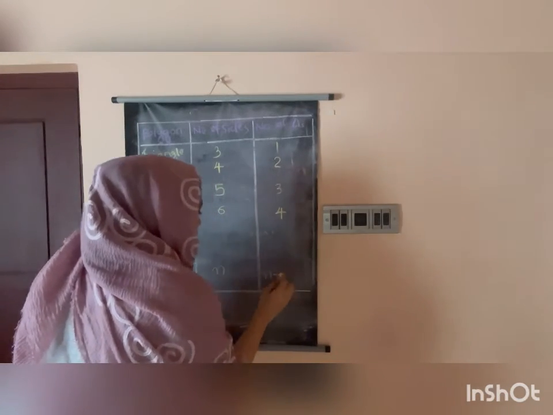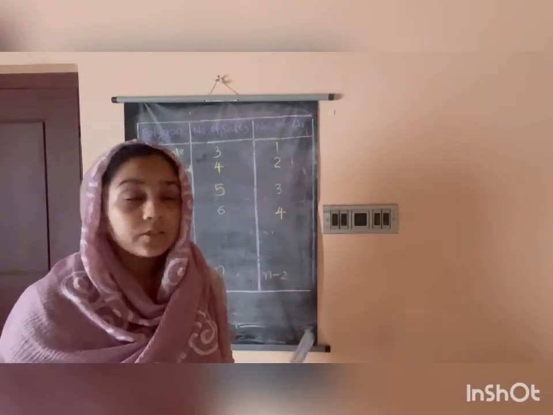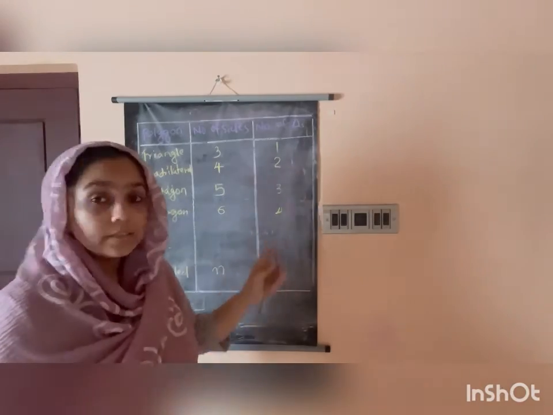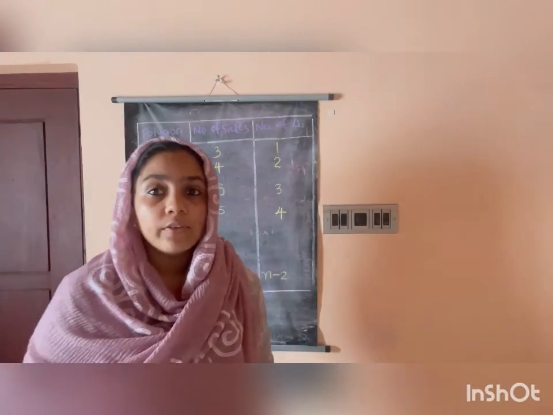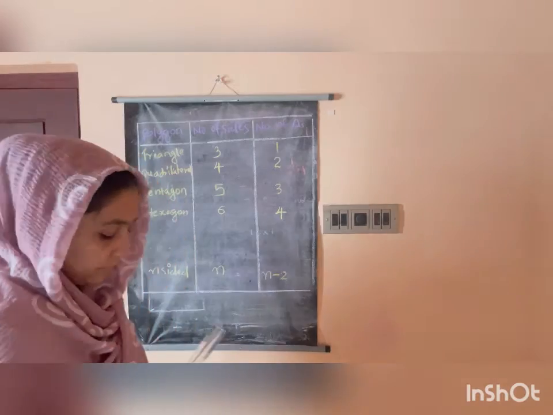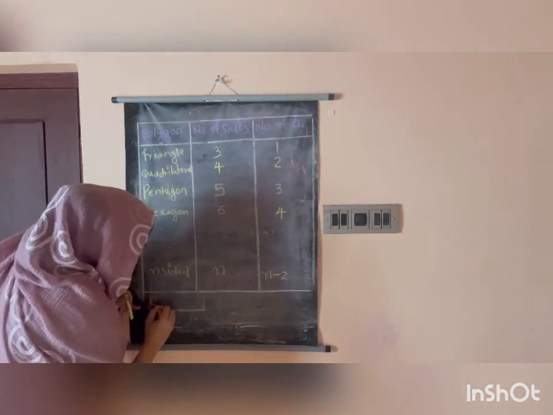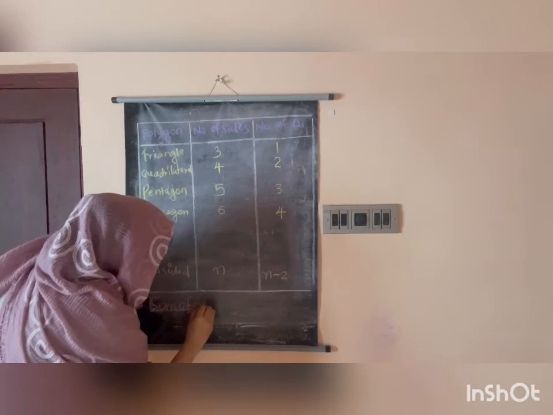N minus 2 triangles. Then how do we find the sum of angles of a quadrilateral? The number of triangles into the sum of angles of a triangle, which is 180 degrees. So how can we write? Sum of angles of an n-sided polygon.